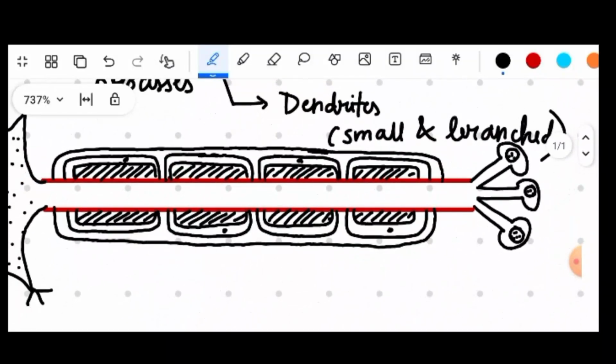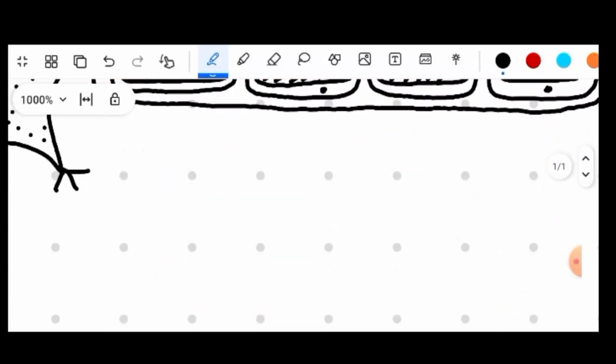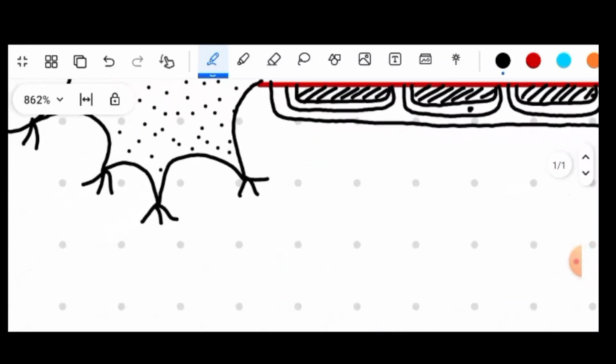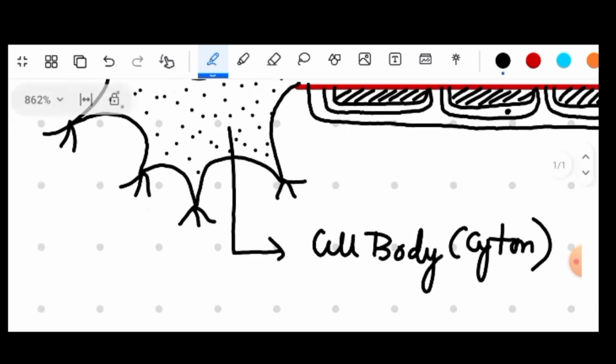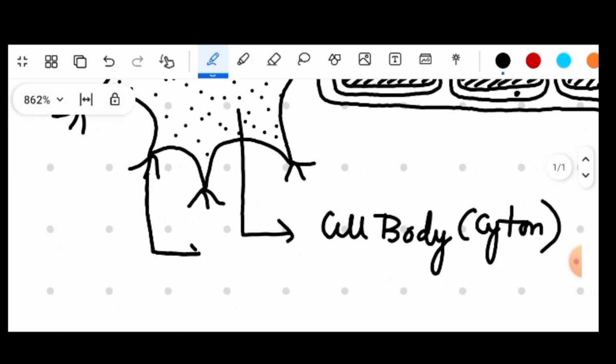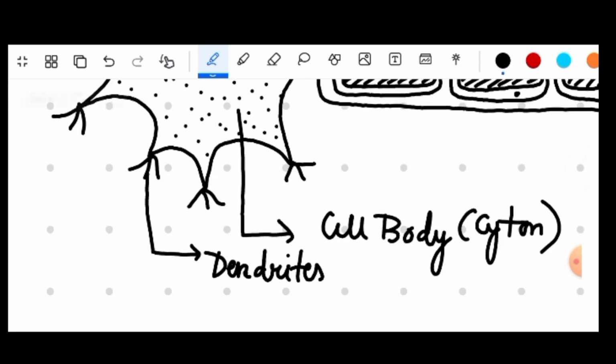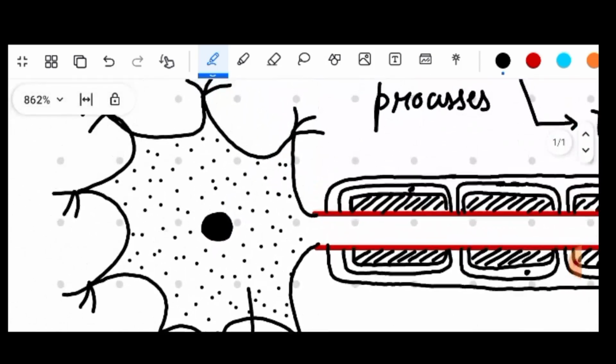So this is the basic structure of the neuron, and this is the cell body, the cyton. These are the dendrites, small cellular projections. And this is the nucleus.